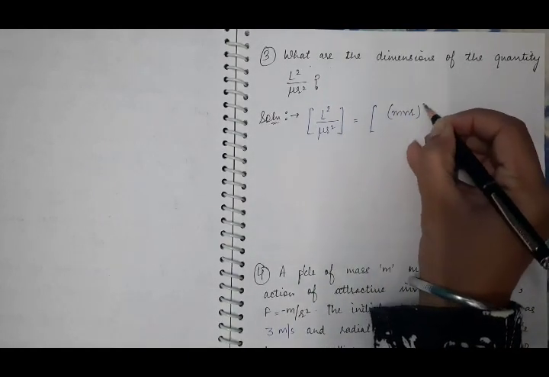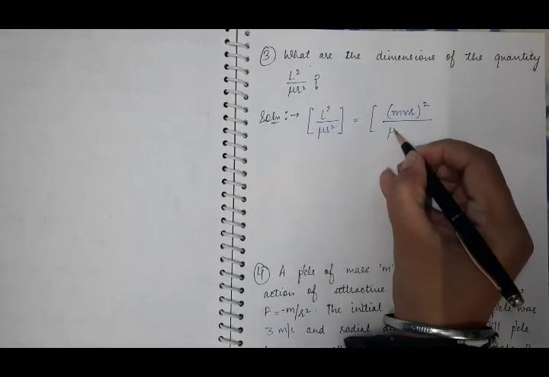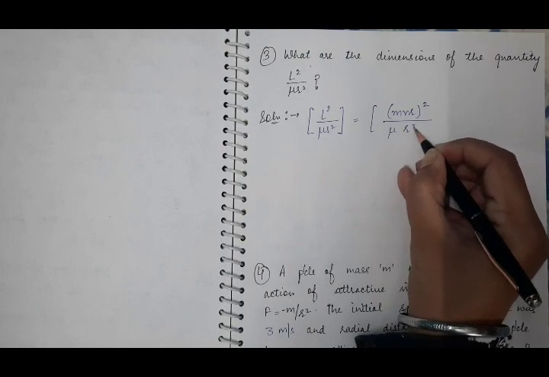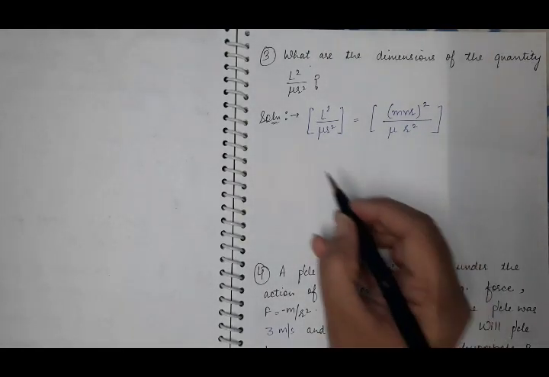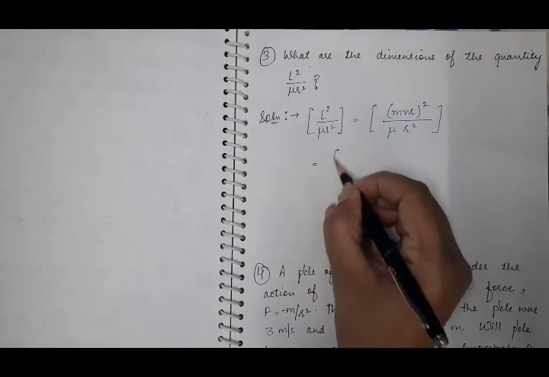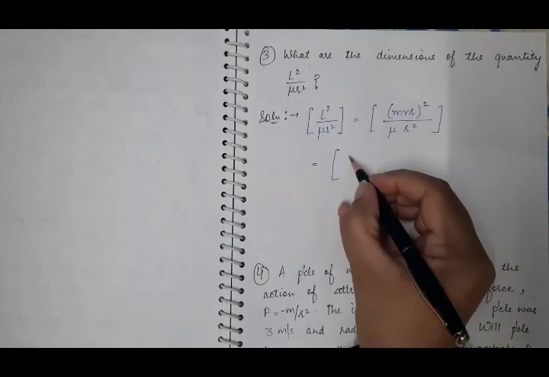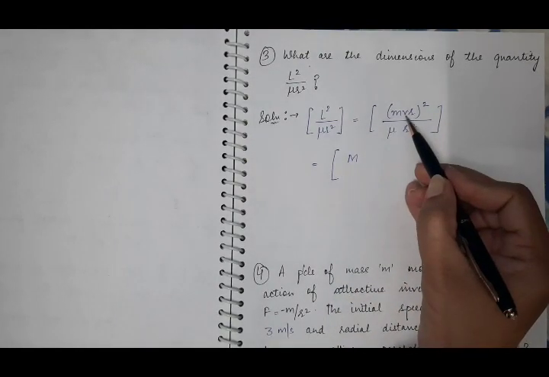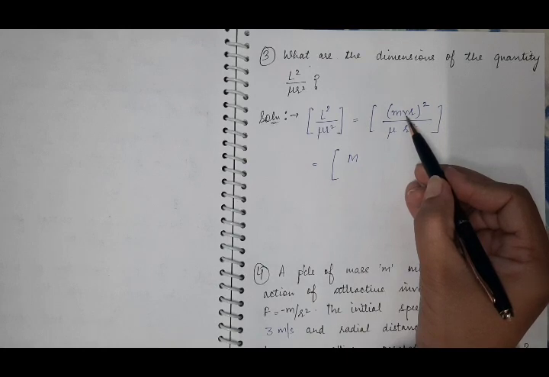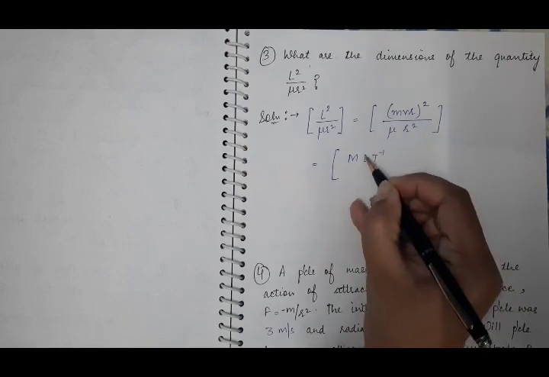So here we have mvr square divided by this reduced mass into this distance square. Dimensions of mass is denoted by capital M. Velocity is distance upon time, so dimensions of velocity will be L t minus 1.